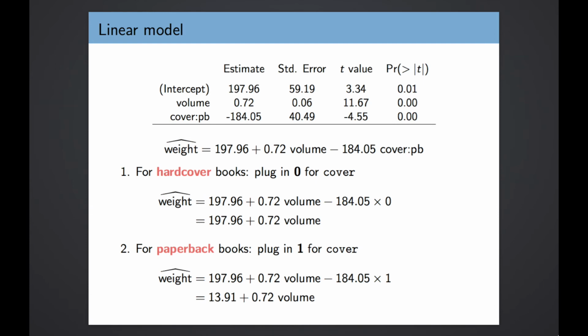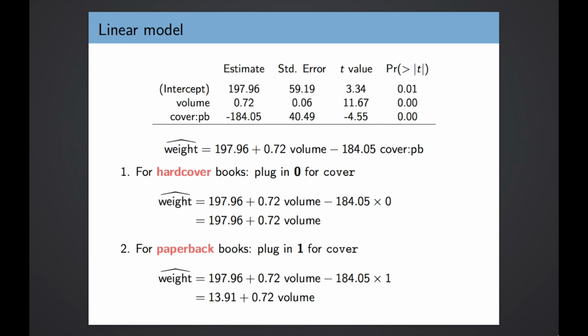So remember, our categorical variable for cover is equal to 1 when a book is a paperback and equal to 0 when a book is a hardcover. So the second term, which is negative 184.05 times cover, is going to go to 0 when we're dealing with a hardcover book.